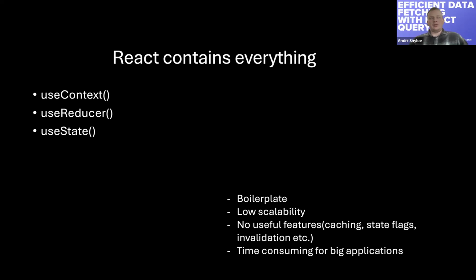It is not very scalable. In case the project is growing, it is not so easy to make it scalable, to have a lot of controls with solutions like that. And of course, it's time consuming because you need to write something similar with state flags, refetching functions, callbacks. Why do we need to write it, in case we can just get it from a third-party library?